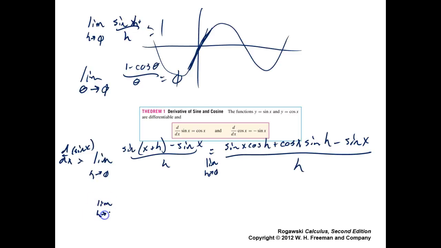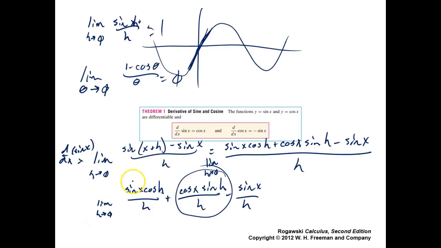Limit as h approaches 0 of sine x cosine h over h plus cosine x sine h over h minus sine x over h, right? Well, this one has cosine x only, and these two have sine x on them.